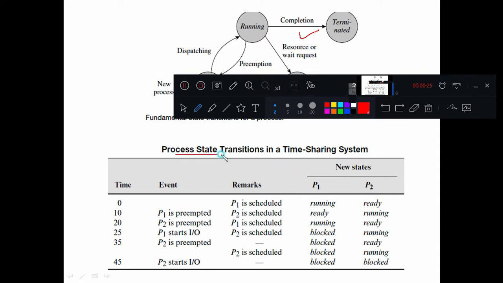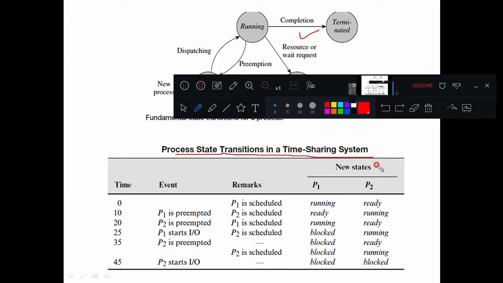The next one is process state transition in a time sharing system. In a time sharing system, let us say there are two processes P1 and P2. Once P1 is scheduled, the CPU will not be kept busy with P1 all the time. Let us say P1 takes more time to execute and P2 takes less time.